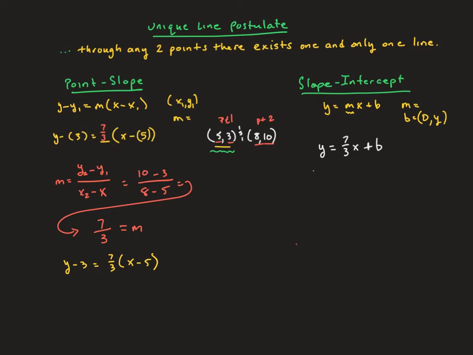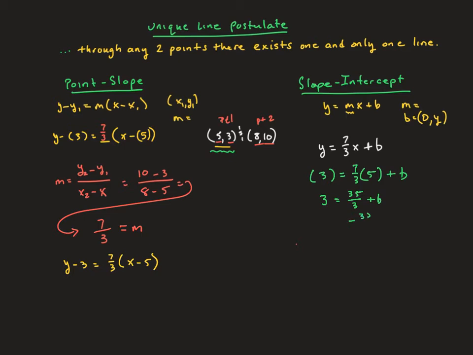If I substitute in y is 3, and then I have 7/3 times my x, and x is 5, and that is going to be plus b. So I end up having 3 is equal to 35 over 3 plus b.